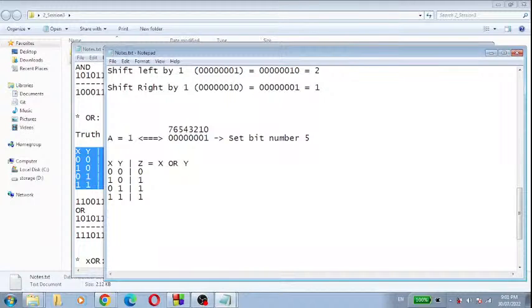We have two results actually you could get from this table.